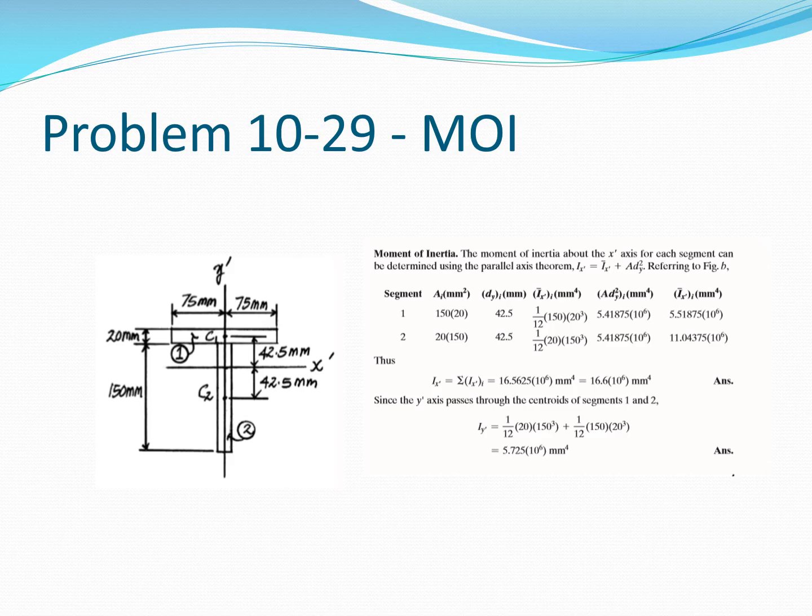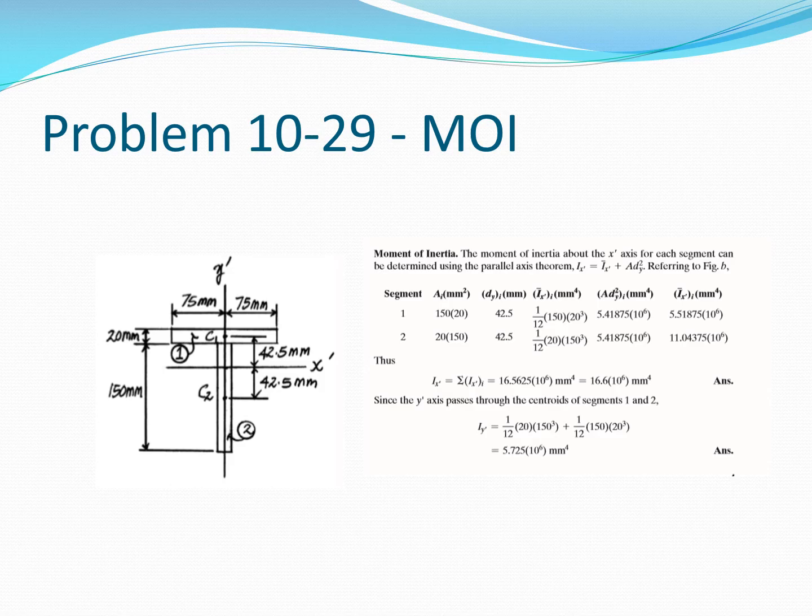You see the way this is labeled, that x-prime is the x-axis that we're going off of. C1 and C2 are the centroids for those two pieces. We need to use the parallel axis theorem here, so we need to know what those distances are. Turns out they're both 42.5 millimeters. One's up 42.5, the other's down 42.5 millimeters.